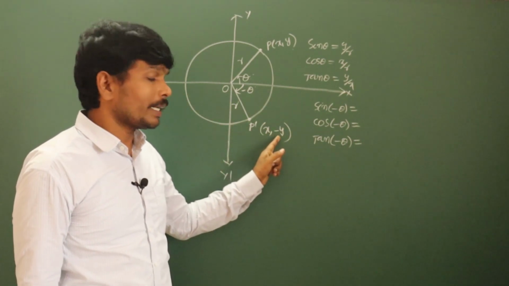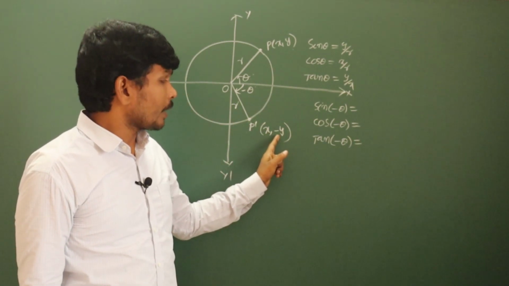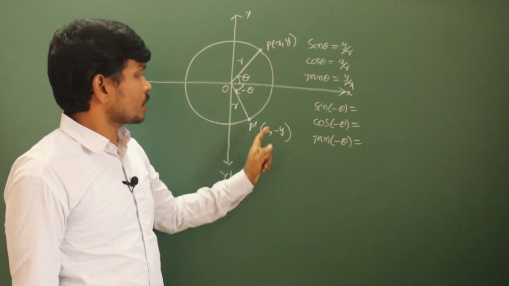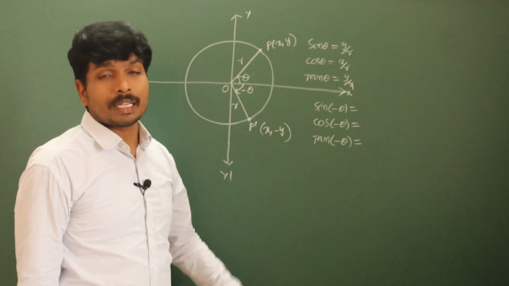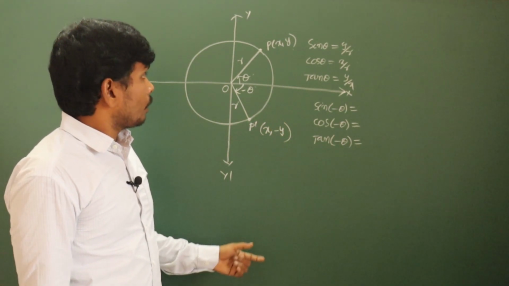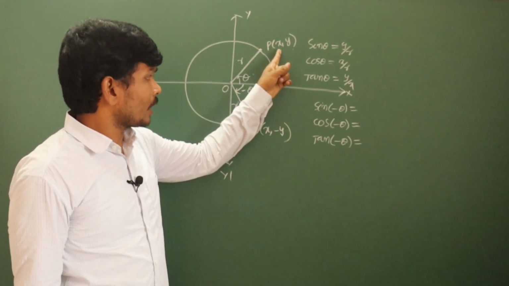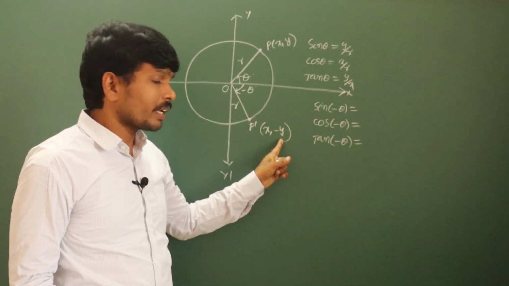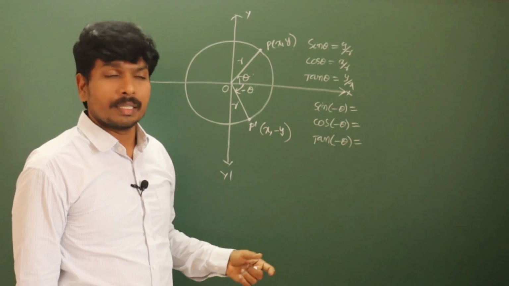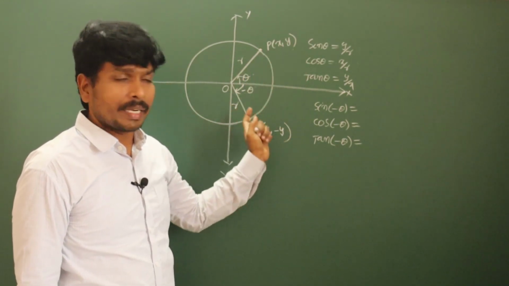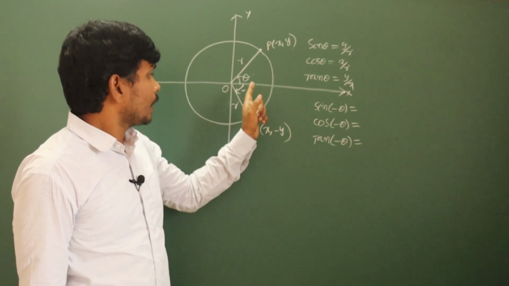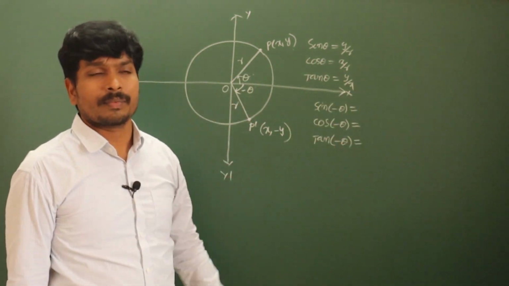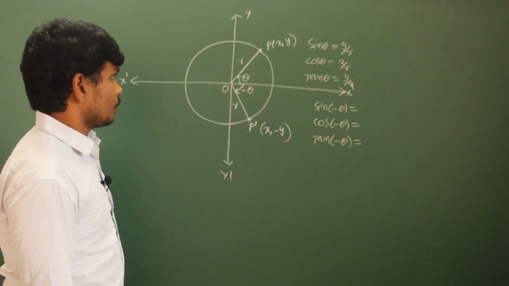In the fourth quadrant, definitely the y coordinate is negative, below the x-axis, and the x coordinate is positive. So that's why I have written x comma minus y. Again you may have doubt: how do we guarantee x is the same here, and y is there now? How did we get y only? Just a sign changed. This point is the image of x comma y with respect to the x-axis. We will discuss now.